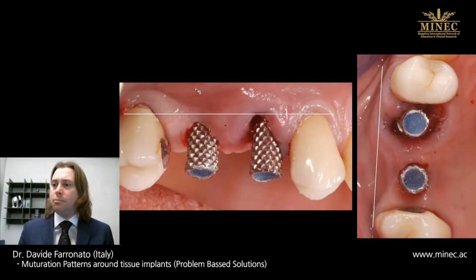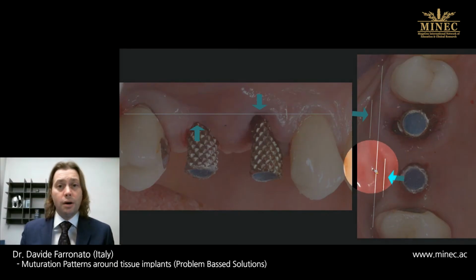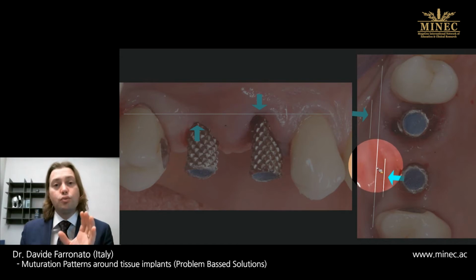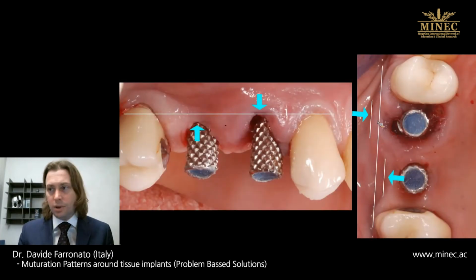From a buccal point of view, I wanted to increase the width of the tissue without any graft, just prosthodontically, not surgically. And here I could let the tissue collapse because I had more than enough.